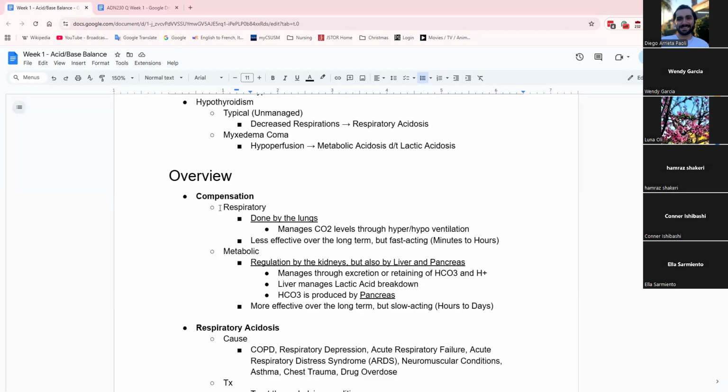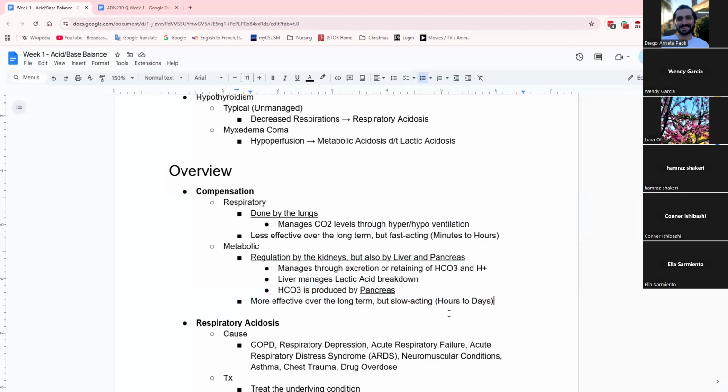Respiratory, the lungs will help to manage that by changing how your breathing is, and then your organs will do a slower but more effective management, and you will see how that is affected by different conditions.